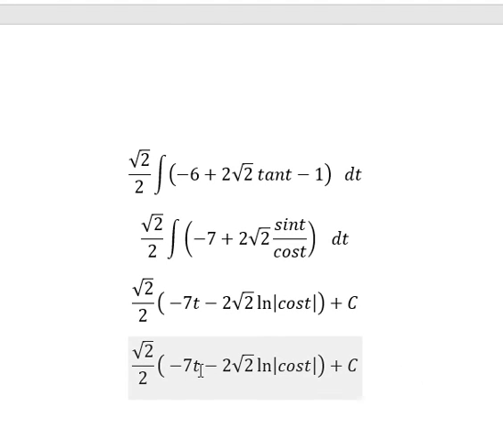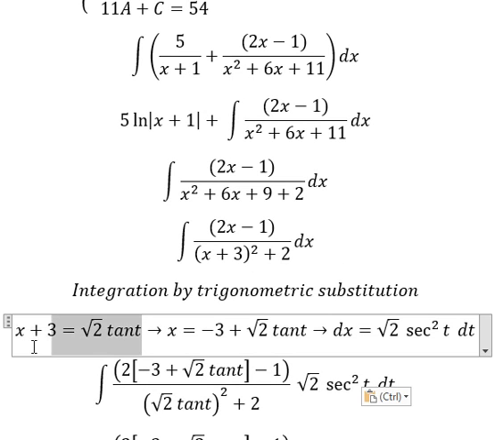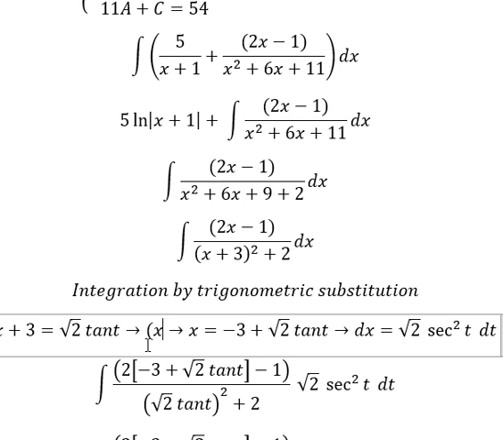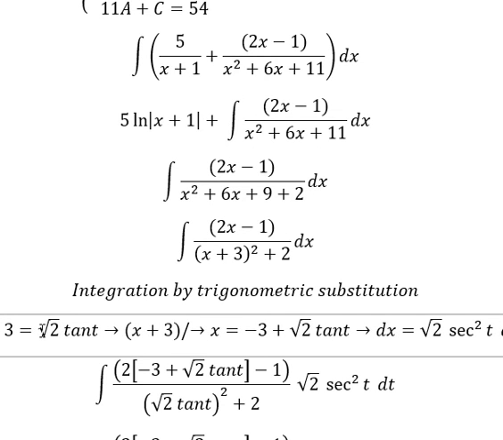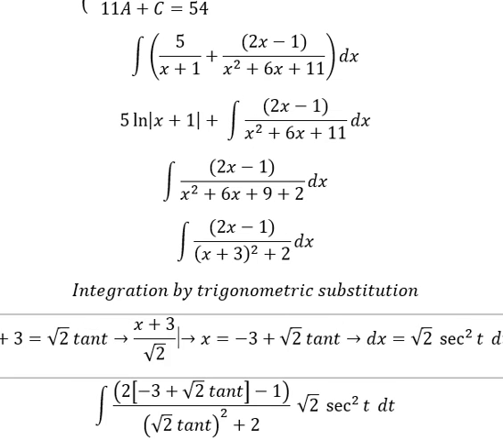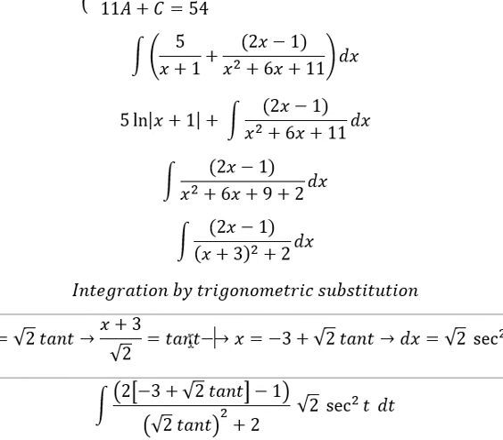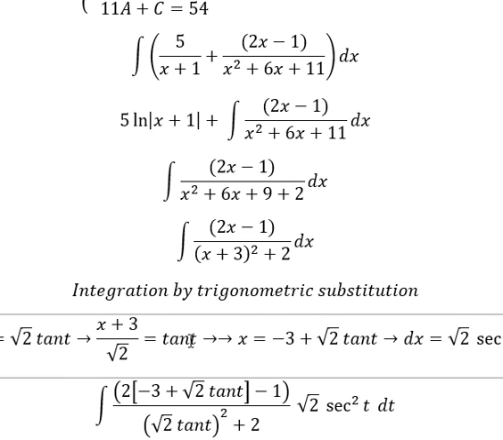For t, it is about this one. So we divide both sides by the square root of 2. And now we can find the value of t.